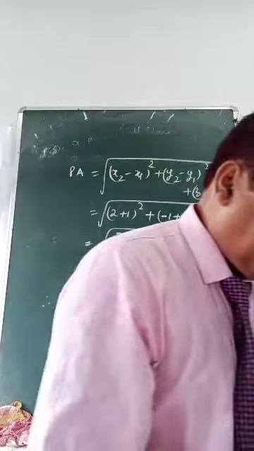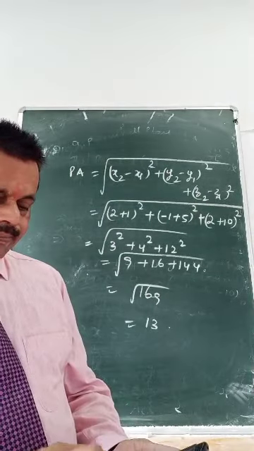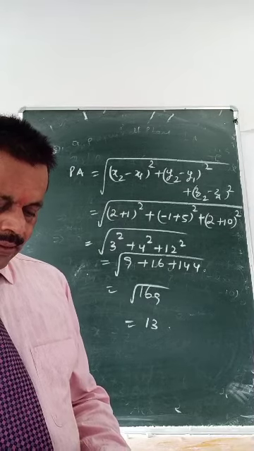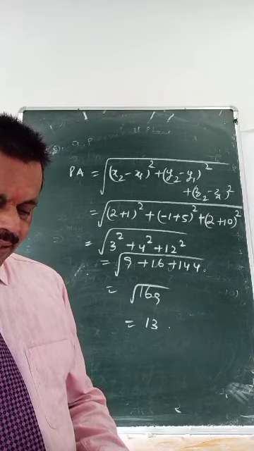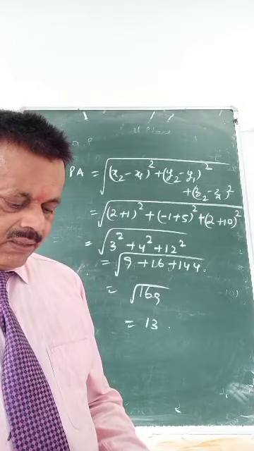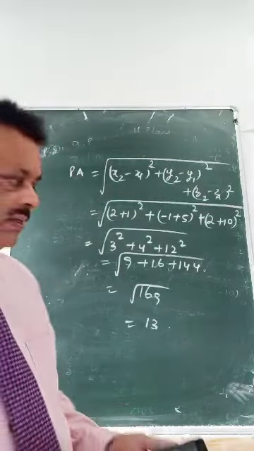Okay, next question you see. Question number 19. Find vector equation of the line passing through the point parallel to planes. Important question.